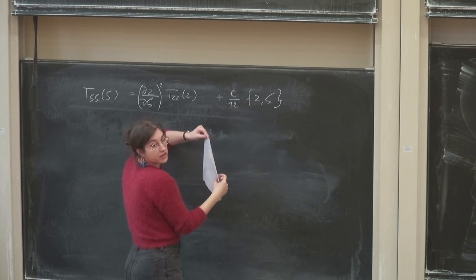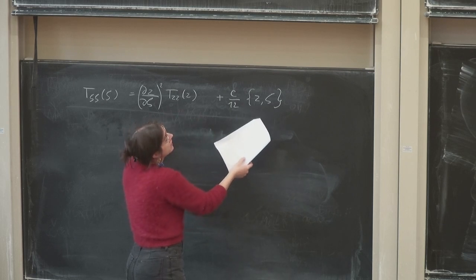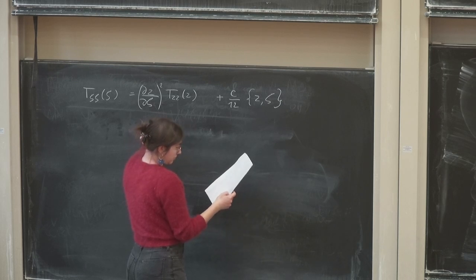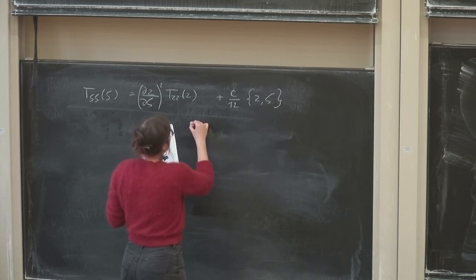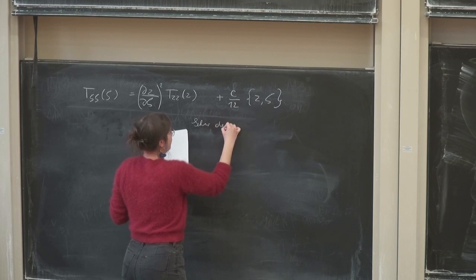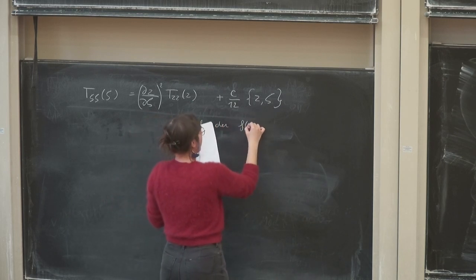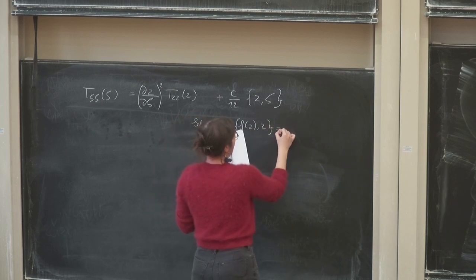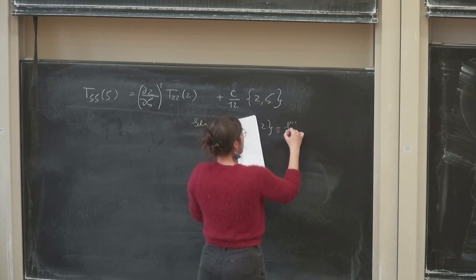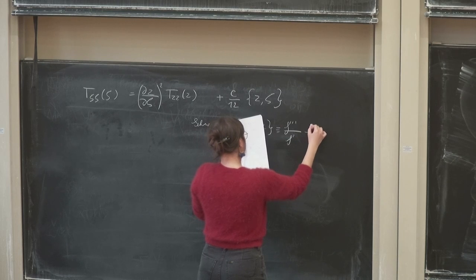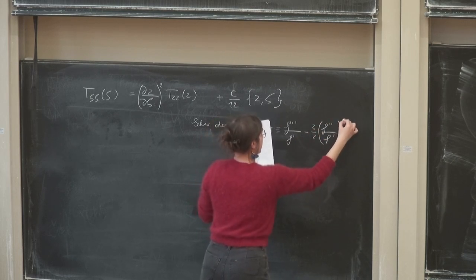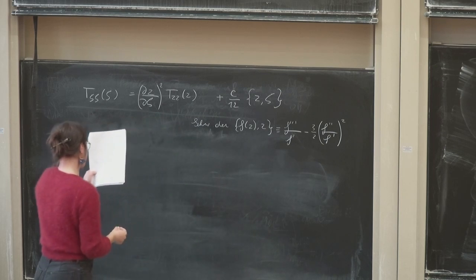But you can forget about that if you don't know about it. And this object here is something called the Schwarzian derivative. So this is just notation for the third derivative over the first one minus 3/2 the second over the first derivative squared. All right.